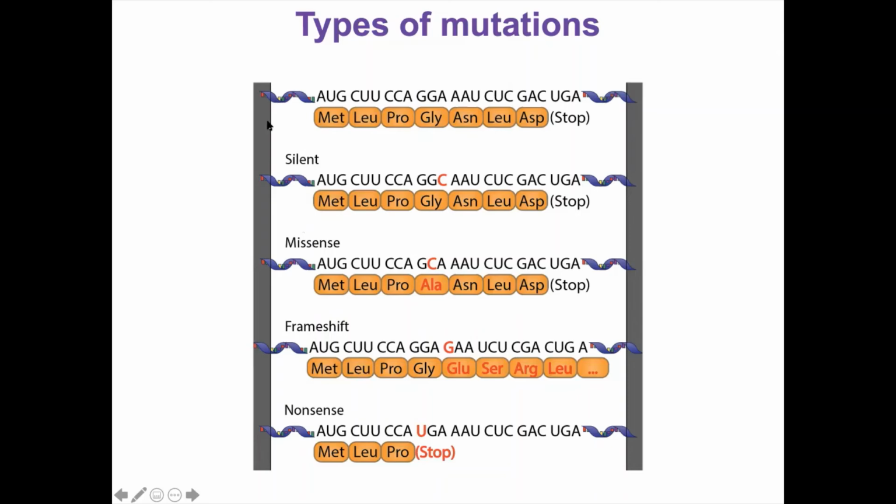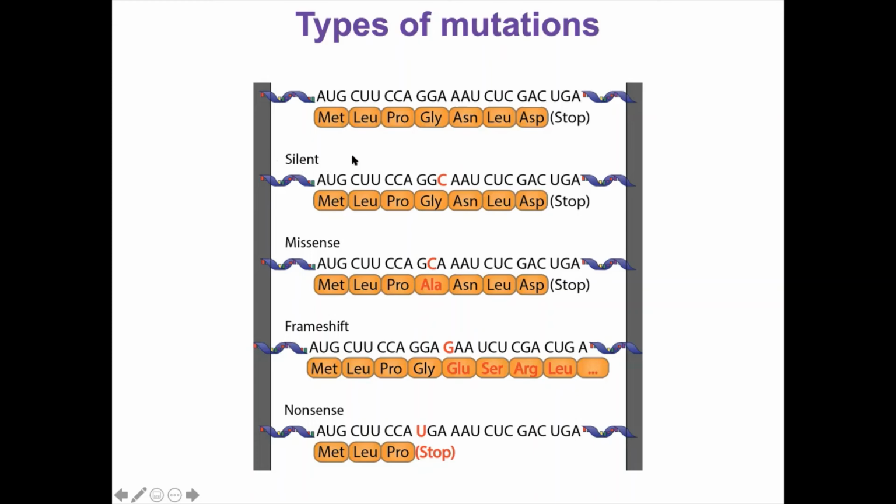The top panel is what we would see in a healthy individual, and this is just an arbitrary sequence for an example. But you can see that each of these codons is corresponding to a particular amino acid. So we have a start codon, which gives us methionine, and then we have 6 additional amino acids, and then we get to this UGA, which is a stop codon. So we have this protein produced, which is 7 amino acids.